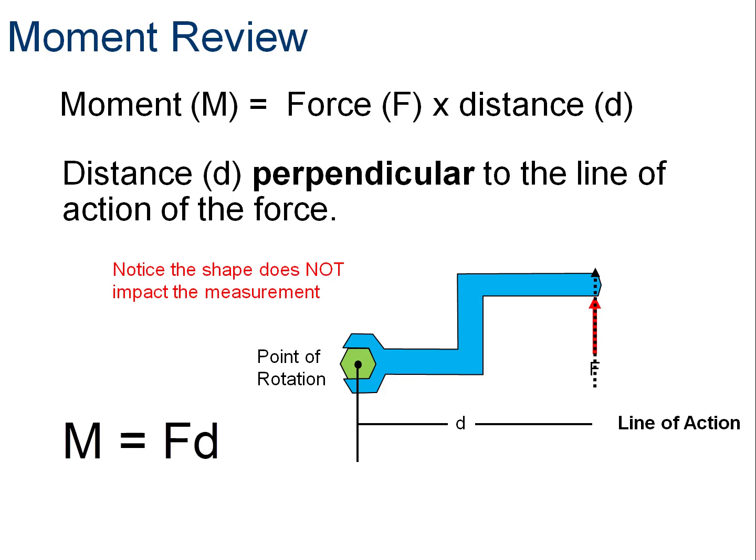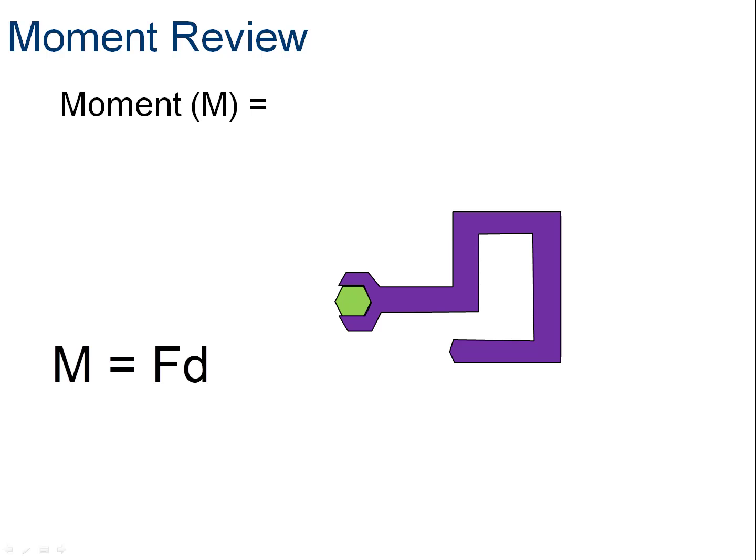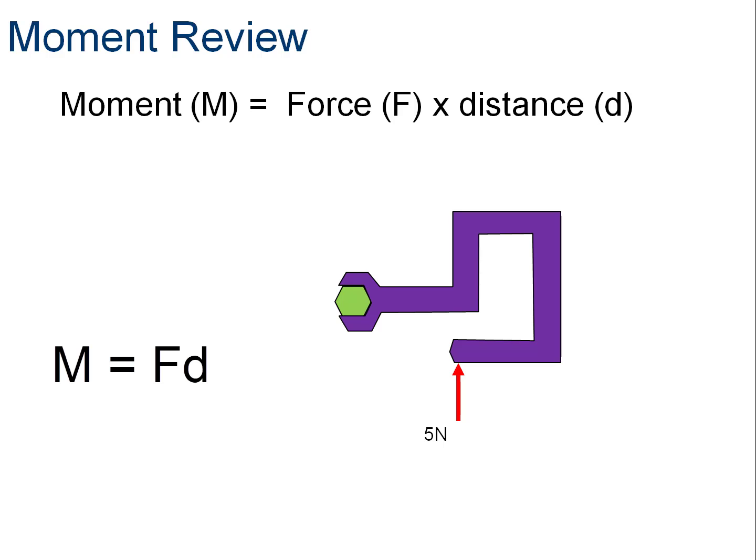So let's look at an even wackier one and look at how the shape does not really impact the measurement. So here's a completely wacky handle. And in this instance, I'm going to apply 5 newtons at the end of the handle, which happens to wrap back around. And I measure from my point of rotation to the line of action the perpendicular distance, 1 meter.